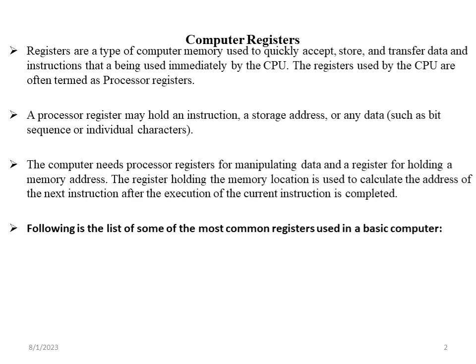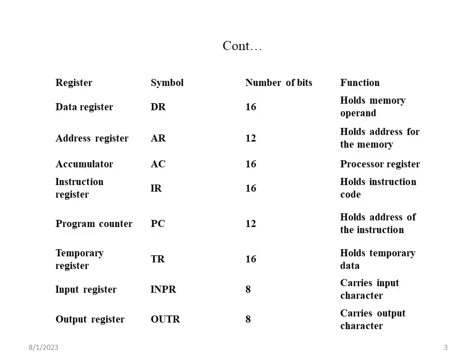So some of the most commonly used registers are data registers. It is symbolized as DR. The number of bits used for data registers is 16 and it holds the memory operand. The second type of register is the address register, which holds the address for the memory.